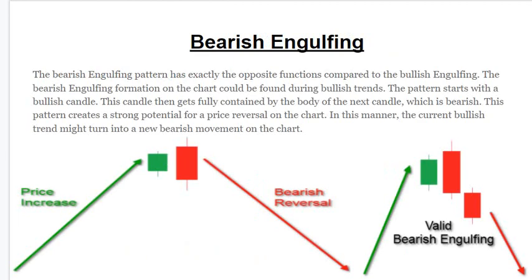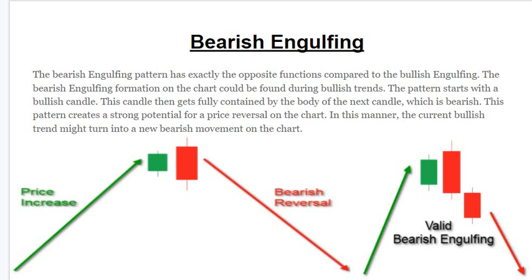Now let's get into the different types of bearish candles. Like I said, there's many more to this, but I am giving you the entry level, the basics to get started. All right. So we're looking at the bearish engulfing candle, exact opposite of the bullish engulfing candle. The bearish engulfing candle formation on the chart could be found during bullish trends.